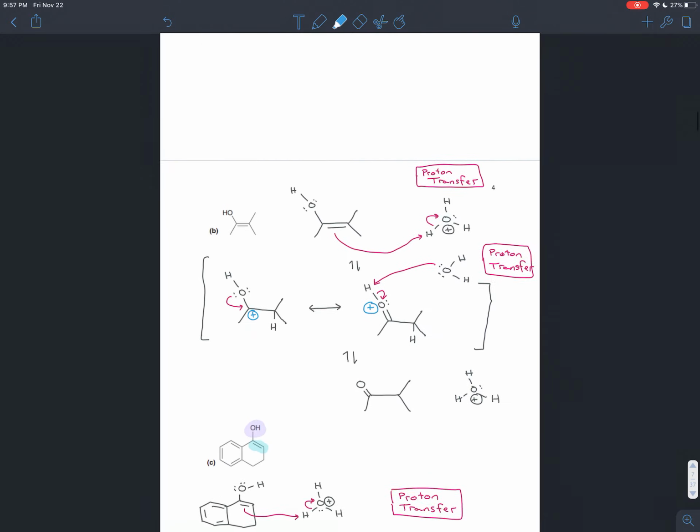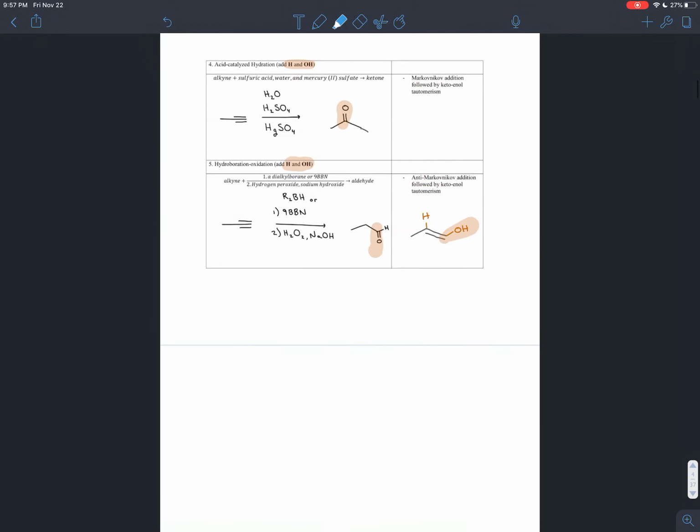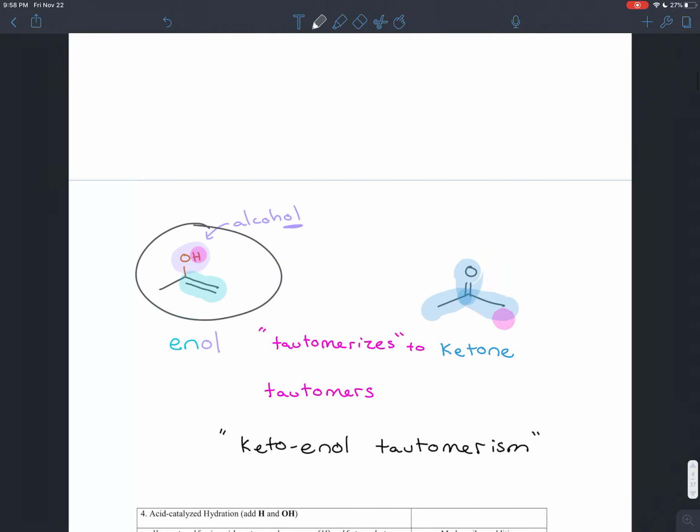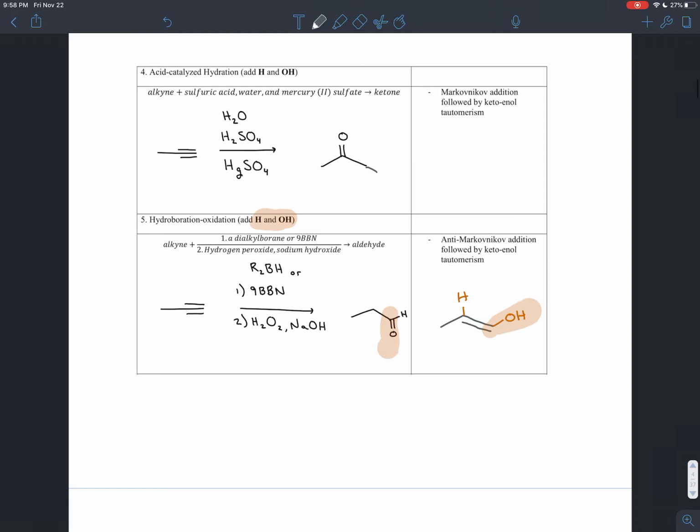So hopefully knowing this mechanism and drawing this mechanism will make more sense of how you can do this reaction, like acid-catalyzed hydration that you learned about in the alkene chapter, which adds H and OH, and how that can ultimately leave you with a ketone after you add the H and the OH. At first, you get the enol, but then it tautomerizes.